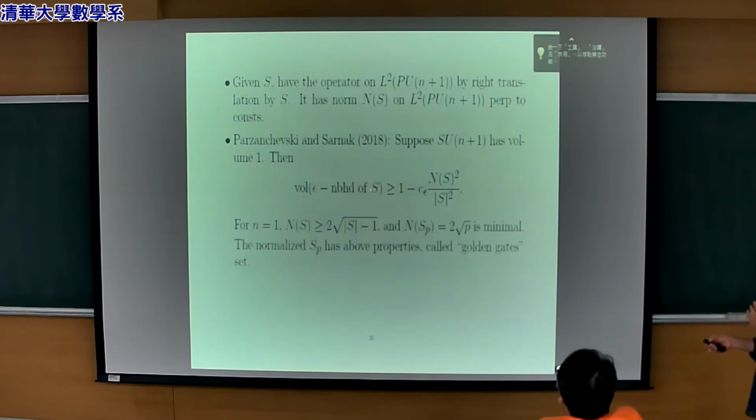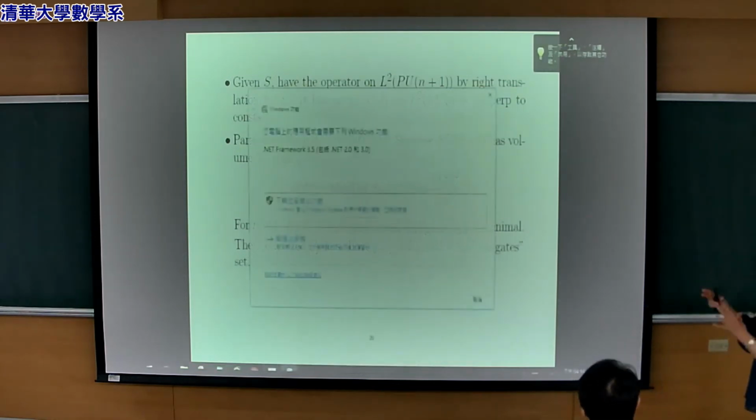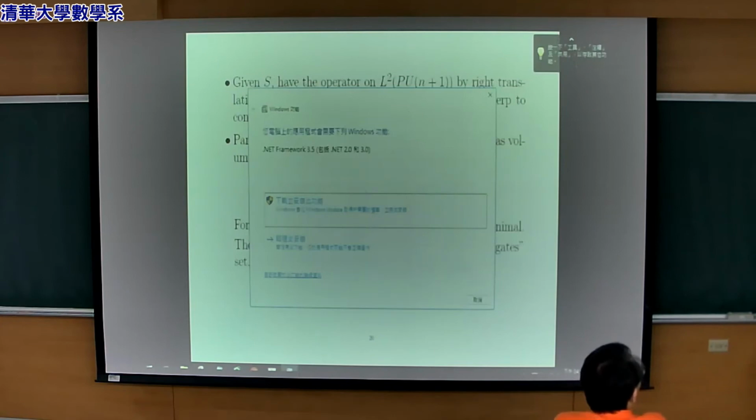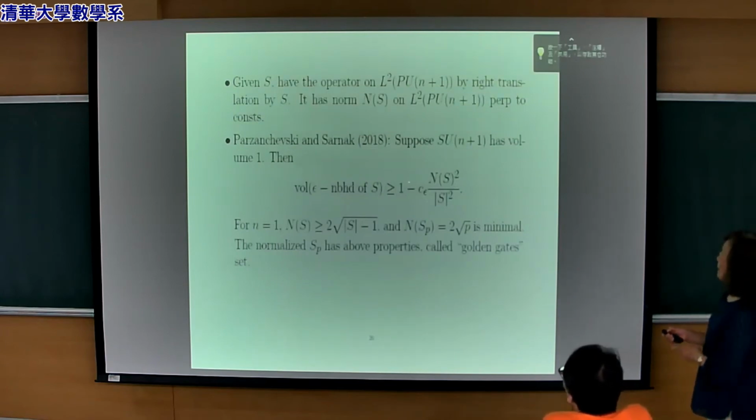So it turns out that if we fix the size of the set F, we want to think about how uniformly distributed it is on the surface. So there's a measurement.